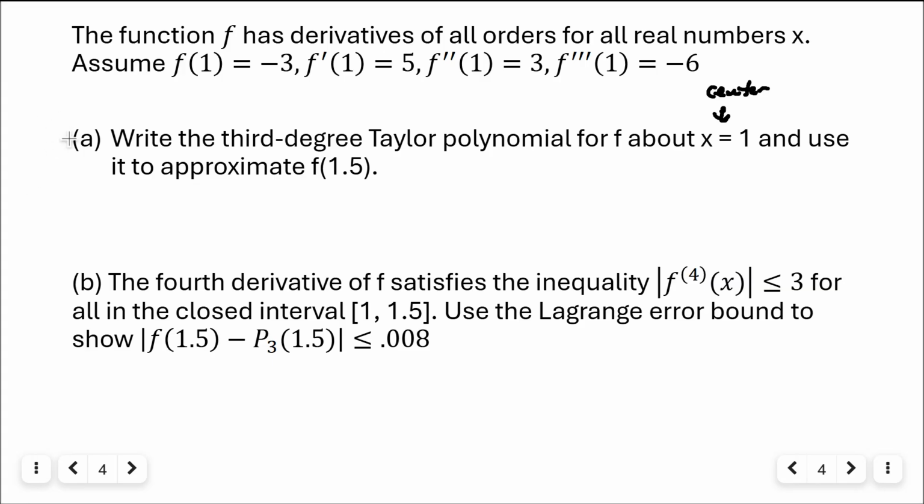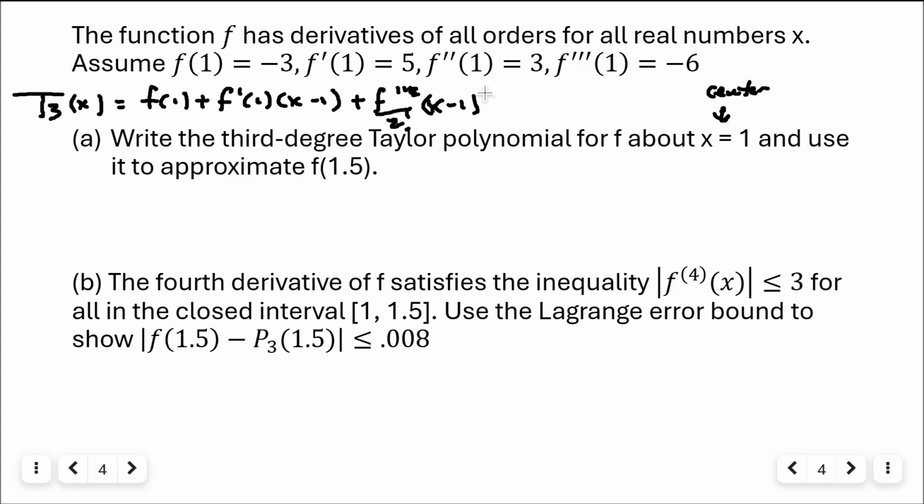Okay, so to do that, the third degree Taylor polynomial here would be, let's write it out, f of 1 plus f prime of 1 times (x minus 1), plus f double prime of 1 over 2 factorial, (x minus 1) squared, plus f triple prime of 1 over 3 factorial, (x minus 1) cubed. All right, so now let's write the third degree Taylor polynomial.